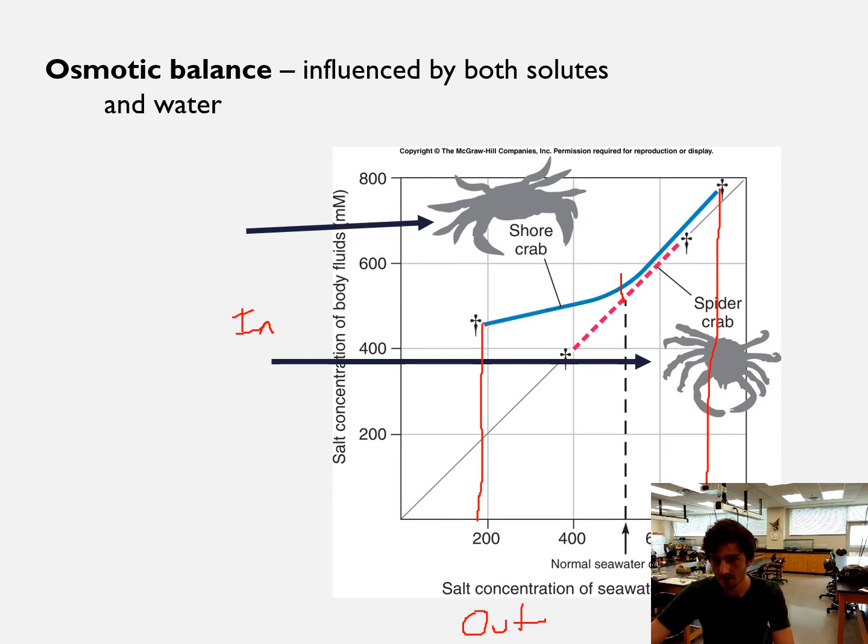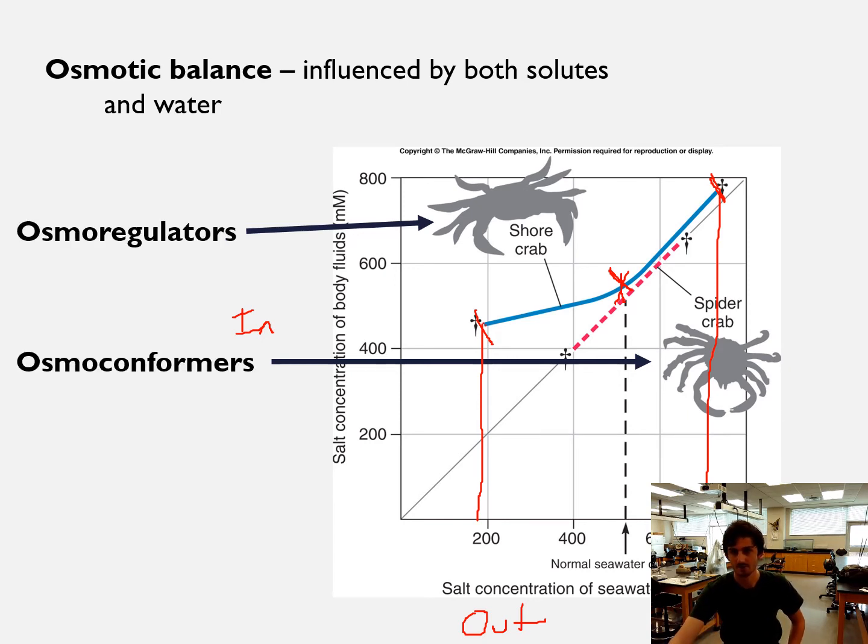From here to here, it's actively controlling the amount of salt in its body, and then from that concentration of seawater to here, it's matching the salinity. So technically, we can consider it both an osmoregulator and an osmoconformer.